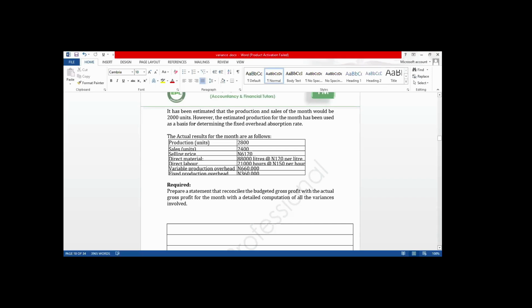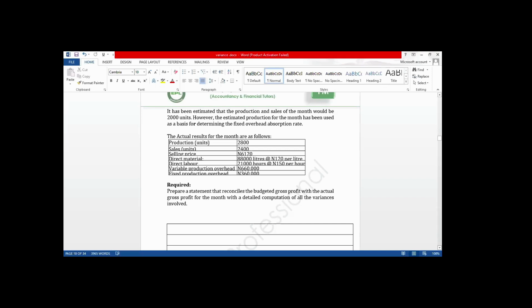Now, for you to reconcile two parties, it makes sense if you know the two parties. I want to reconcile budgeted gross profits with actual gross profits. Now ask yourself, what is the budgeted gross profit?